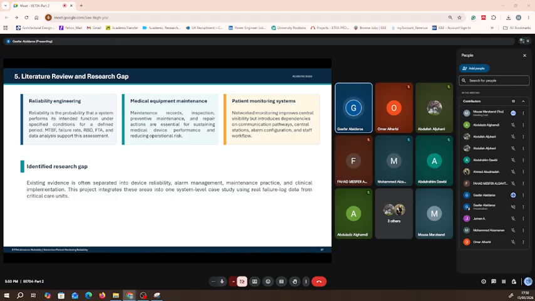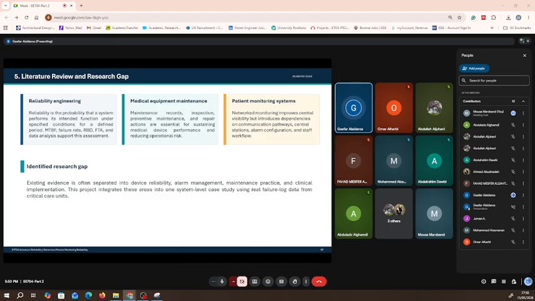The literature and course material emphasize reliability indicators such as MTBF, failure rate, RBD, FTA, and data analysis. These methods support systematic assessment rather than relying on qualitative judgment.